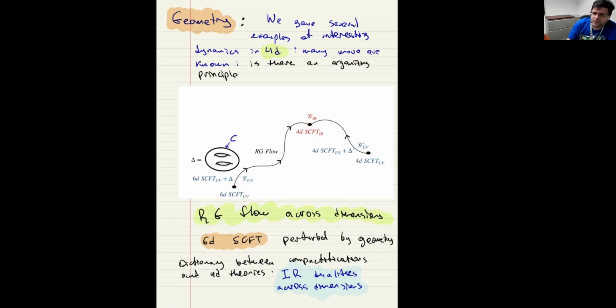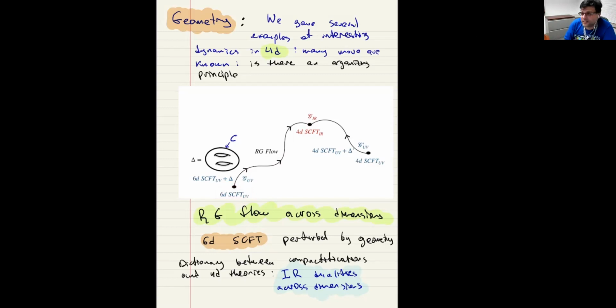It can have free gauge fields, and it can be interacting SCFT, or it can be a combination of these things, or it can be maybe gapped theory in some cases. Exactly the same statements hold as the statements that we discussed when we started with the 4-dimensional flow.